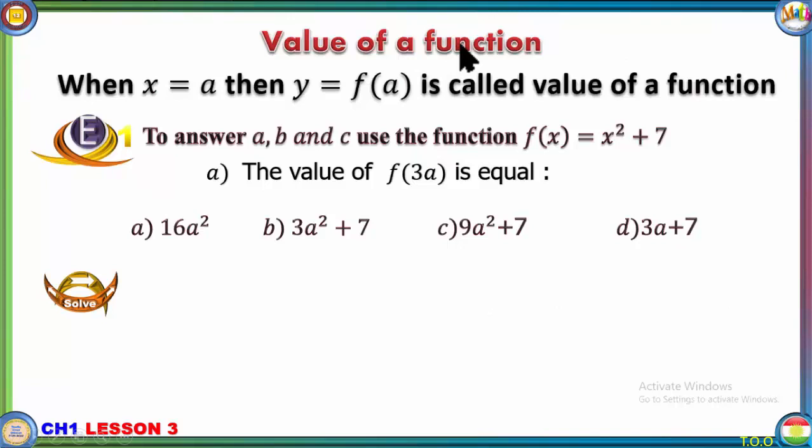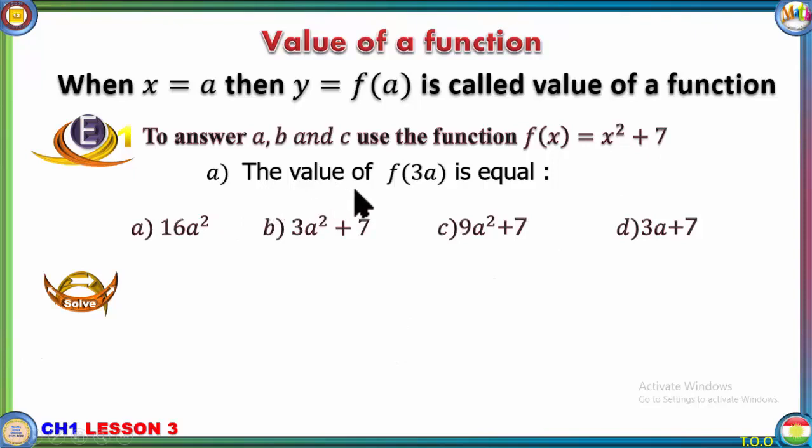Value of a function. The value of the function means the value of y. When x is equal to a, then y is equal to f of a, which is called the value of a function. Example number 1. To answer a, b and c, use the function f of x equals x squared plus 7.